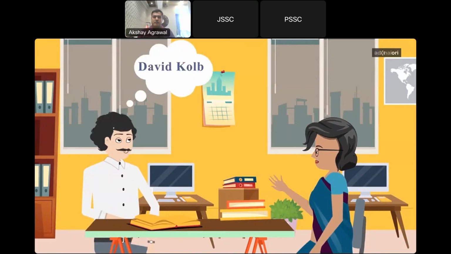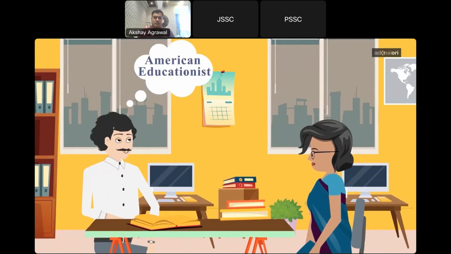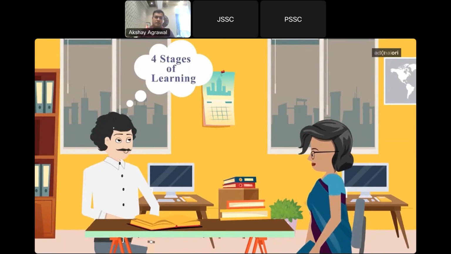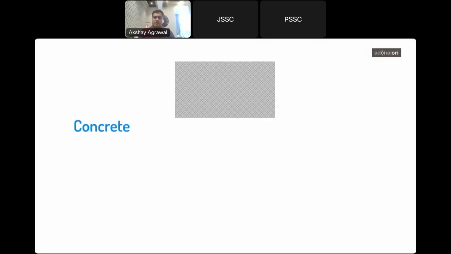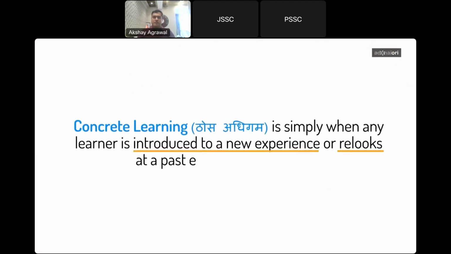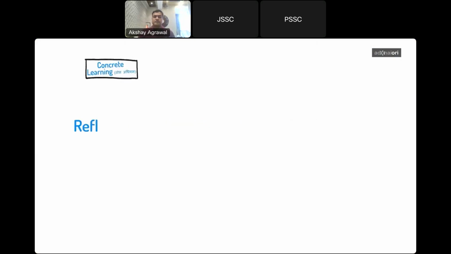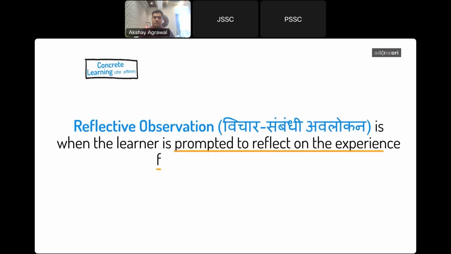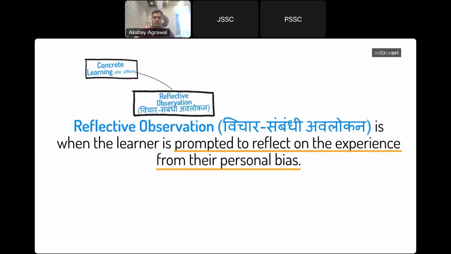So, David Kolb, a renowned American educationist, developed this theory called the experiential learning theory, which primarily has four essential stages to learning, ordered in a cyclic manner. Concrete learning is simply when any learner is introduced to a new experience or relooks at a past experience differently. Reflective observation is when a learner is prompted to reflect on the experience from their personal bias.